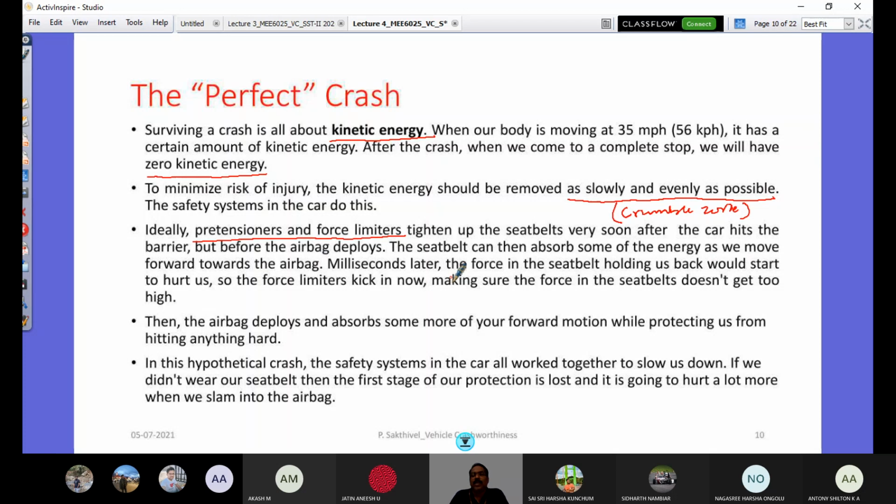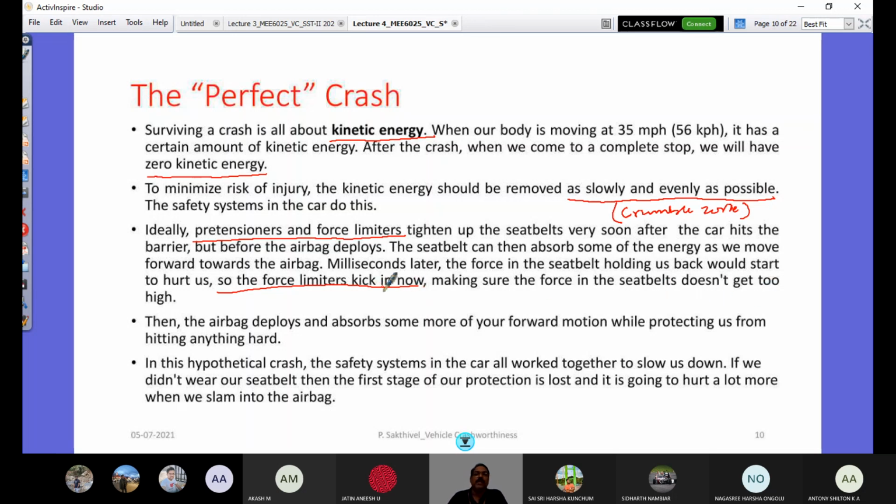Milliseconds later, the force in the seat belt holding us back would start to hurt us. So the force limiter at that time is activated, making sure that the force in the seat belt does not get too high.